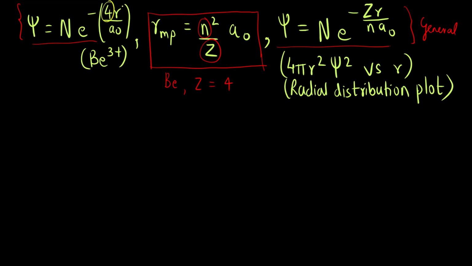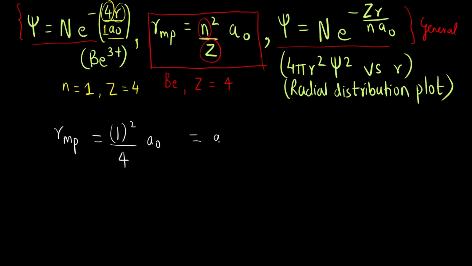You can see Z r by n a naught, so n here is 1. So n is 1 and Z is 4. Most probable radius r_mp will be n square by Z, that is 1 square by 4, into a naught. So the correct answer is going to be a naught by 4.